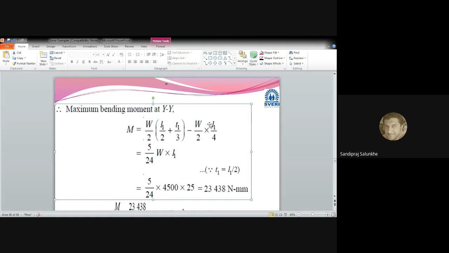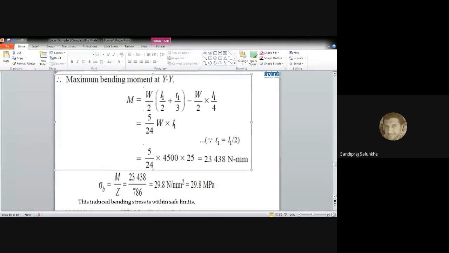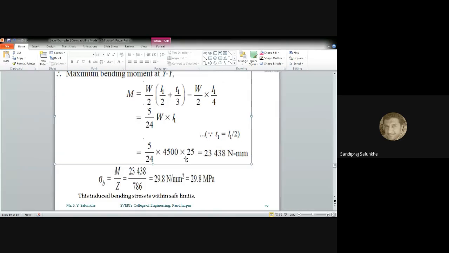And we are going to subtract actually, and we are going to get this value as 5 by 24 W into L1. Okay. So W, which is given in the problem, is 4,500 Newton. L1, which we have calculated, is 25. So the bending moment is coming as 23,438 Newton millimeter.